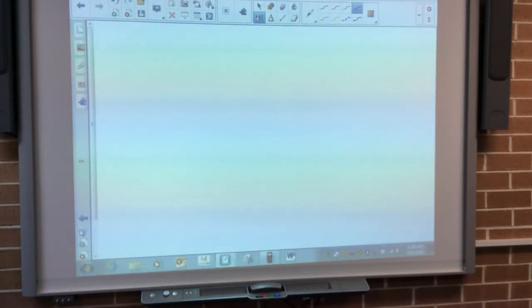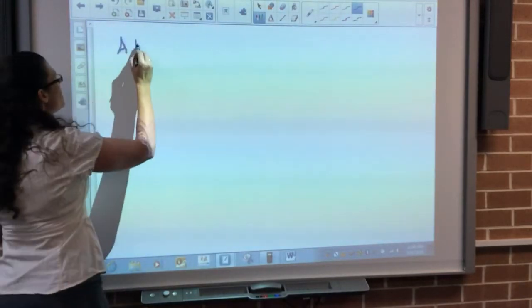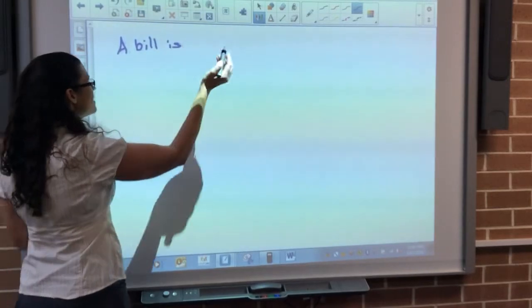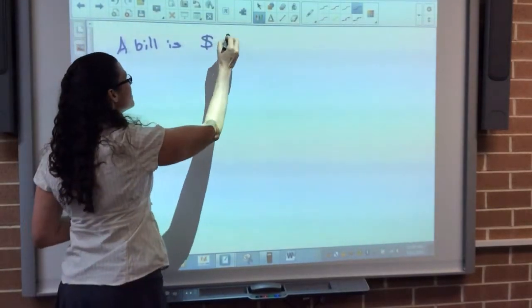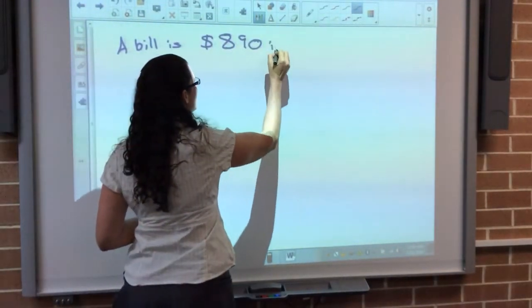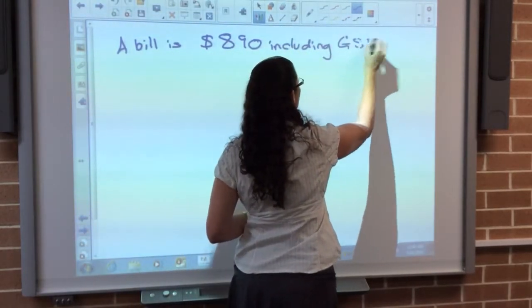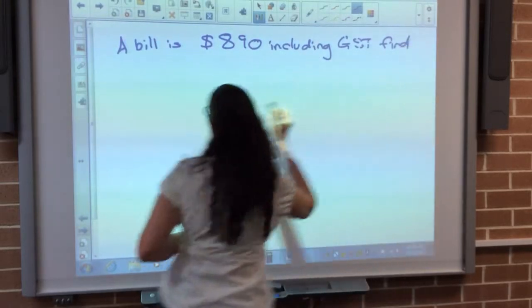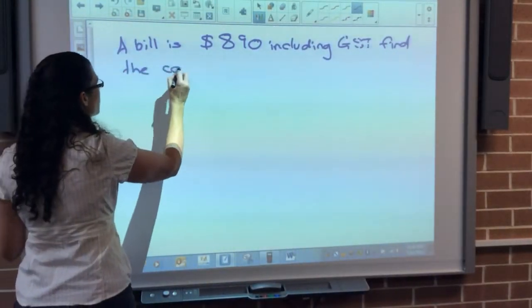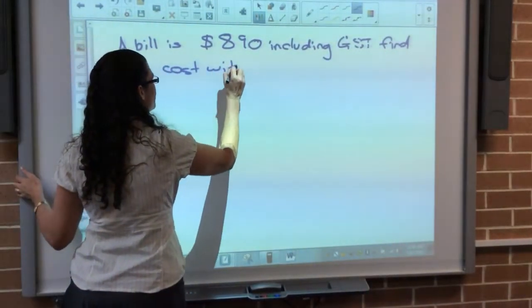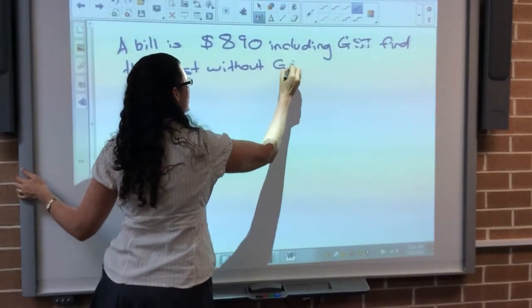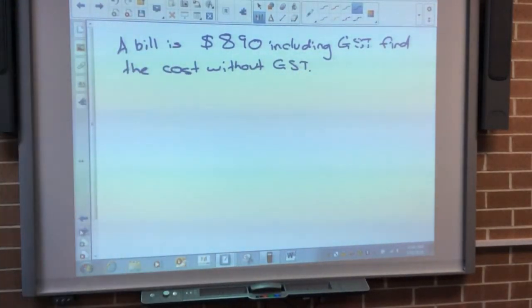So if I said a bill is $890, including GST, find the cost without tax.